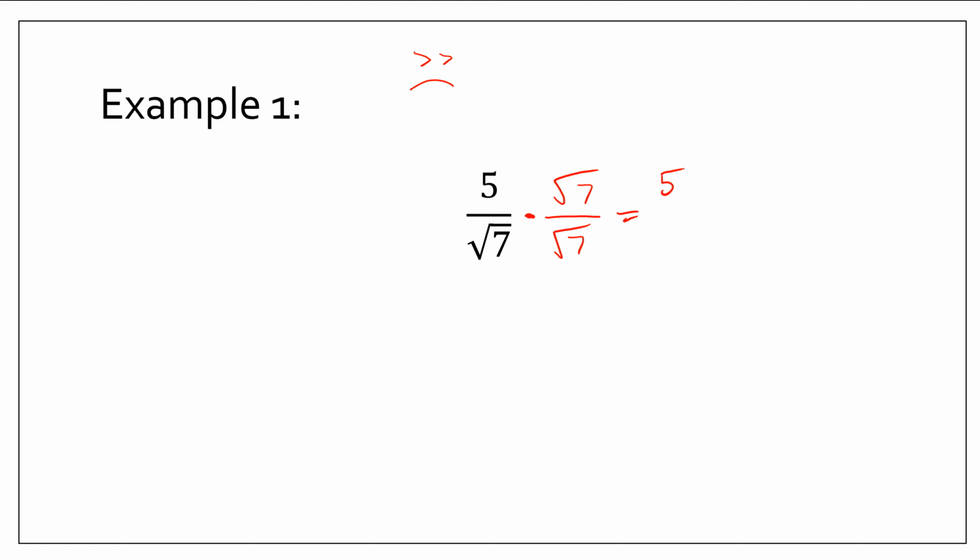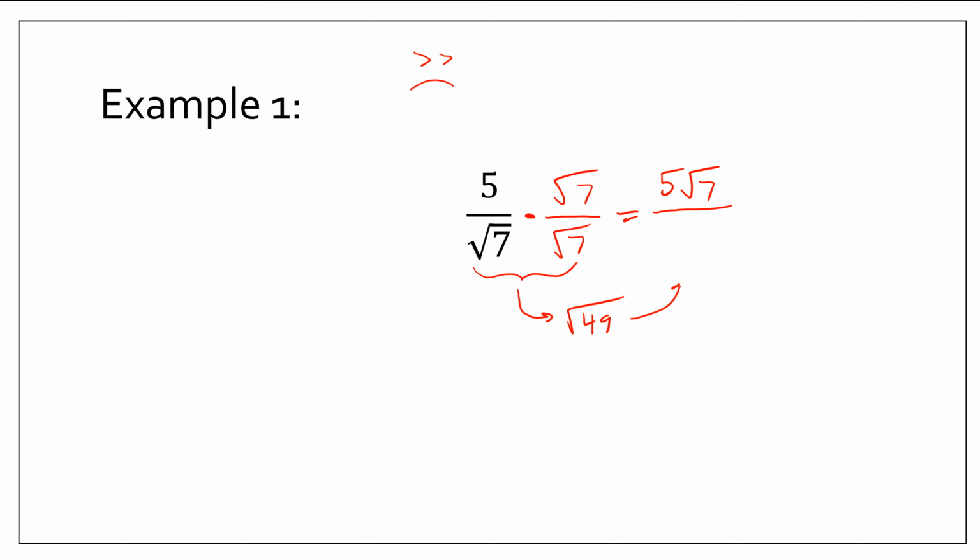On the top, nothing happens. This 5 does not combine with this square root because when you're multiplying, you only multiply things that are under the square roots together. But on the bottom, notice what happens. I'll kind of show this to the side. This is the square root of 49, right? Because I have 2 things under the square root, and 7 times 7 is 49.